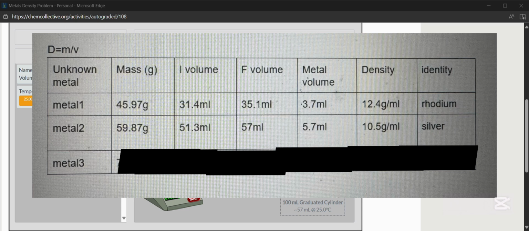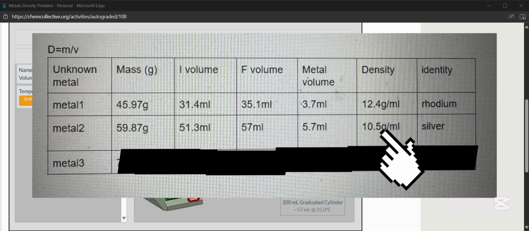So now we'll do the same thing by subtracting the initial volume from the final volume, which is 5.7.